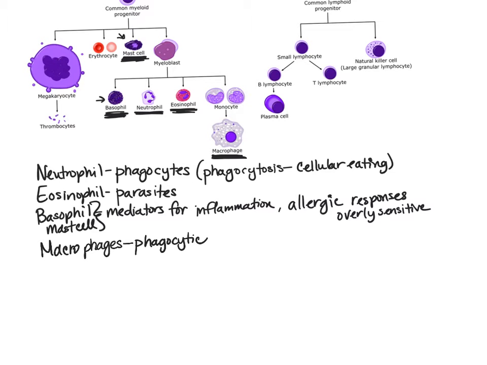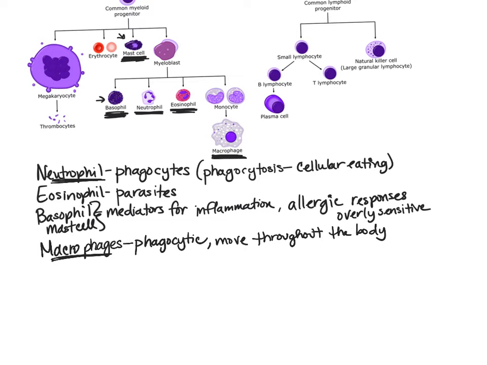Our neutrophils and our macrophages are two of our major phagocytic cells. Macrophages are actually those that are going to be moving throughout the body the most. They move around the body looking for things that are not self and then gobbling those up and breaking them down.